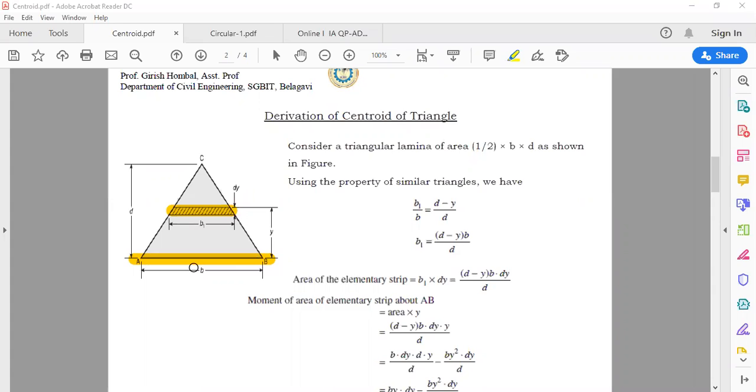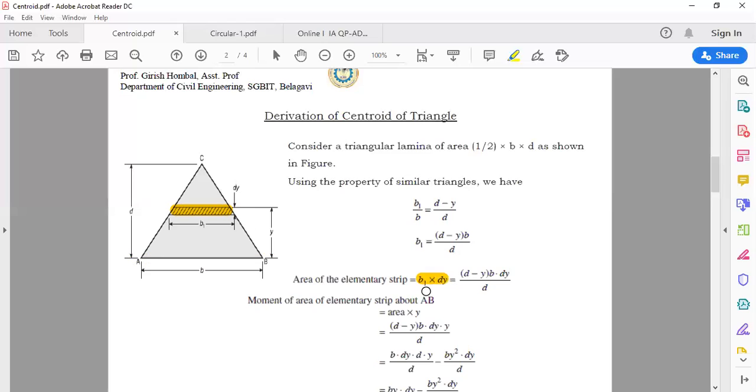Now in this, you're supposed to use the property of similar triangles. What is the area of this strip? Now this strip which is considered here is treated as a rectangle whose width is B1, depth is dy. So it is B1 into dy is the area.